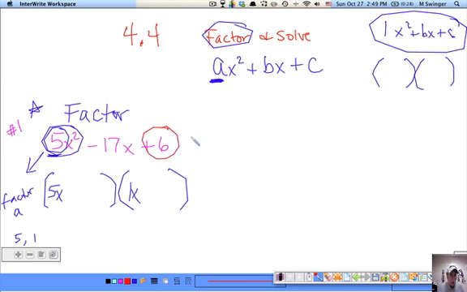Number 1, factor a. Number 2, factor c. So in this case it's positive 6. So we normally say 3 and 2, and there also is 1 and 6, or 6 and 1, 3 and 2, 2 and 3, same thing.